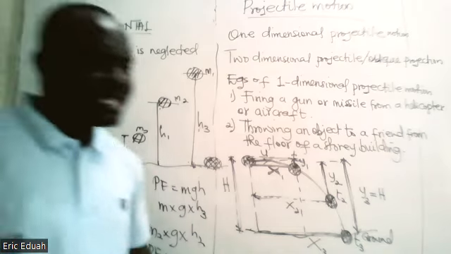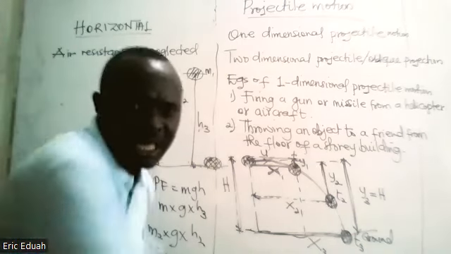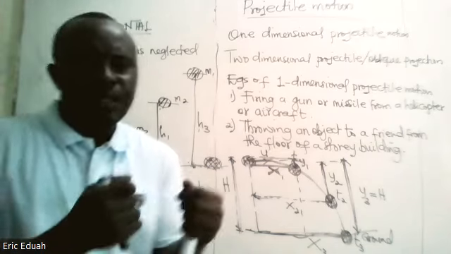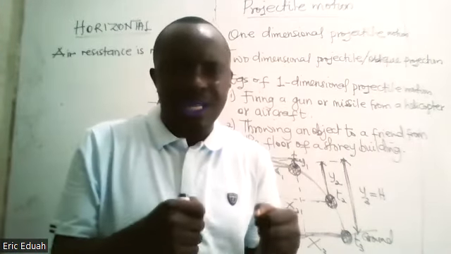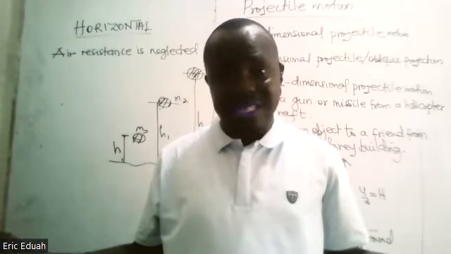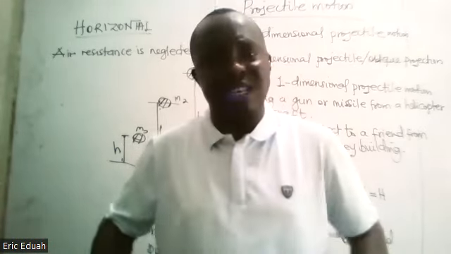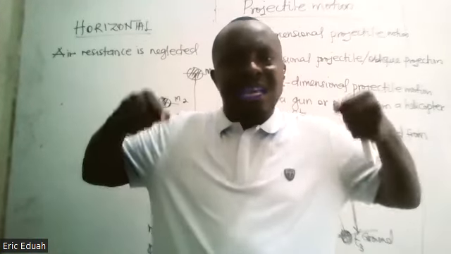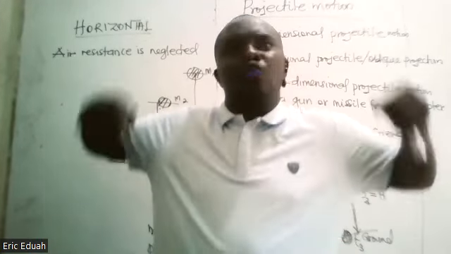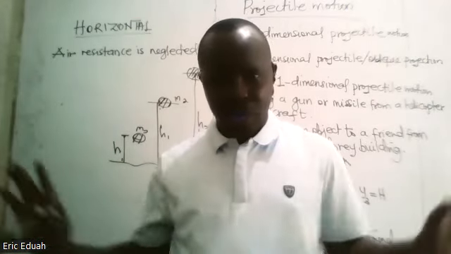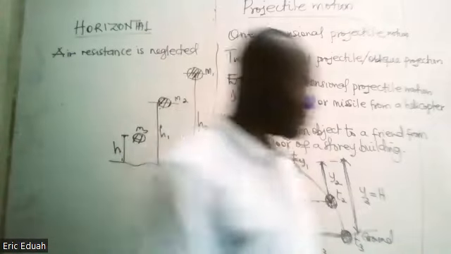So if an object is moving horizontally along the surface of the earth, the pull of gravity on the body is non-existent. However, if the body increases its height from the surface of the earth, then the gravitational pull on the object will be great. That is what I mean. Are we okay?